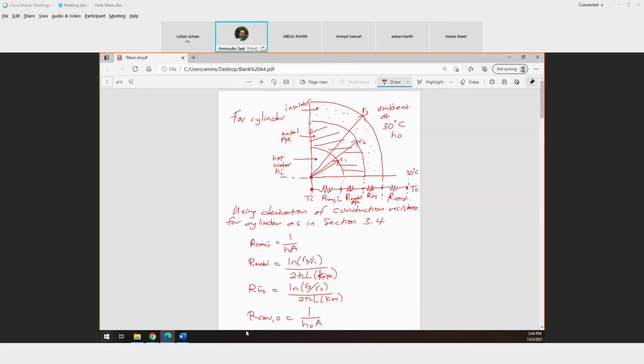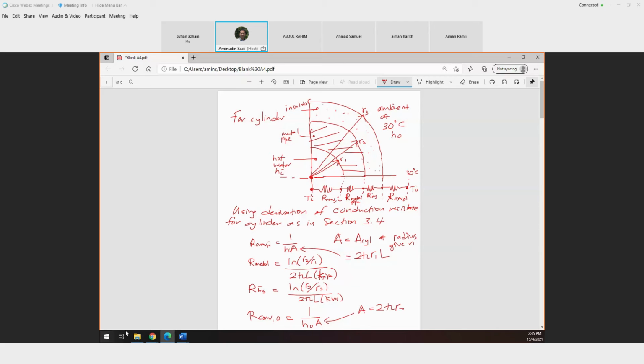You have to understand that in the plane wall, the A is basically the cross section, but for the case of a cylinder, the A is the area of the cylinder at the given radius. So for this one, the A is 2 pi R1 times L. And for this A, the A here is 2 pi R3 times L, because this is the outer part.